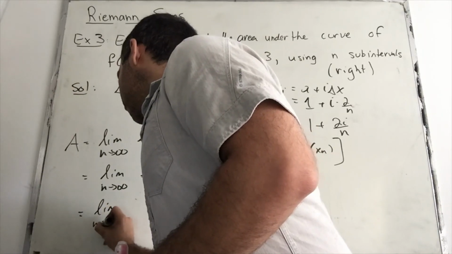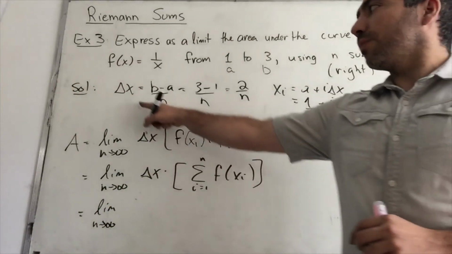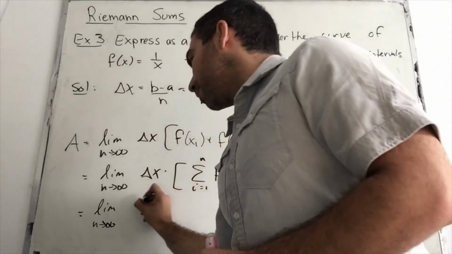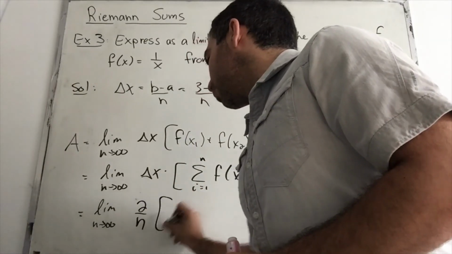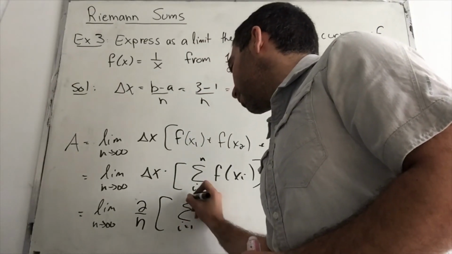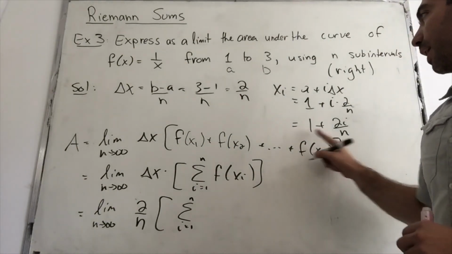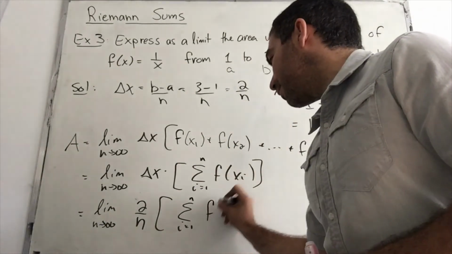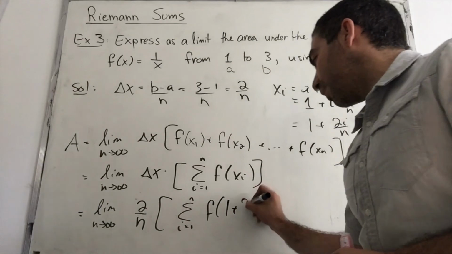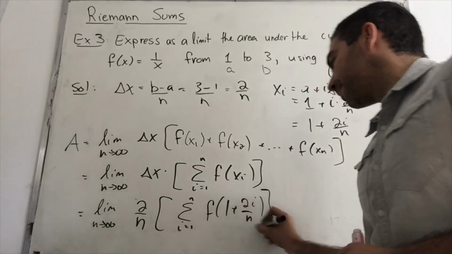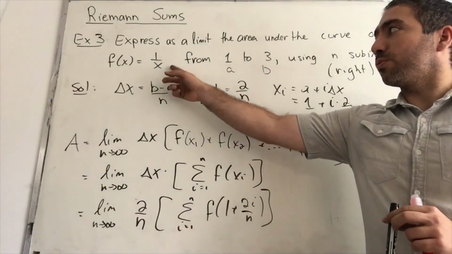Limit as n goes to infinity, and we know what delta x is. We solved for it. Delta x is just 2 over n. So I'm going to replace it with 2 over n, and then I'm going to replace the summation with f of 1 plus 2i over n. Okay, and the function we have is 1 over x.